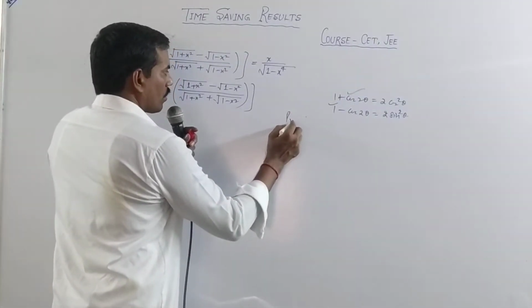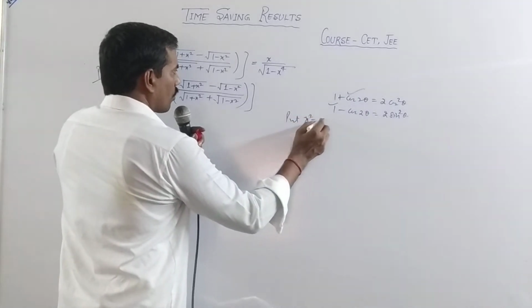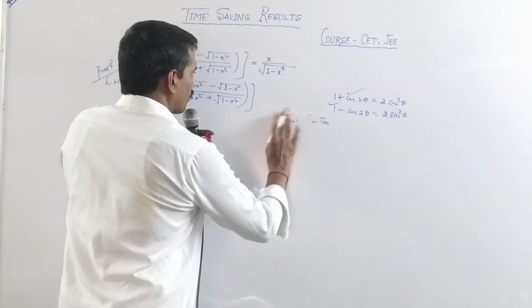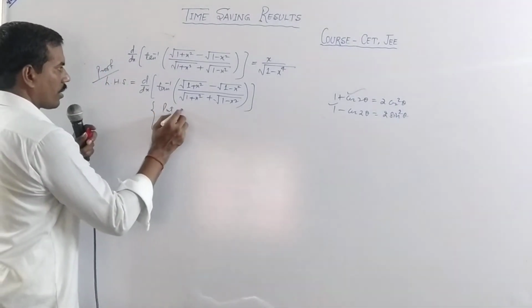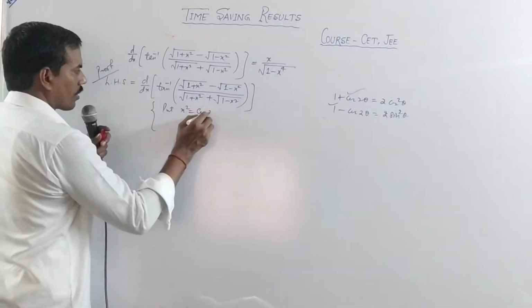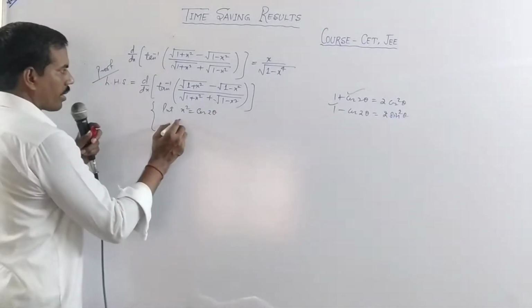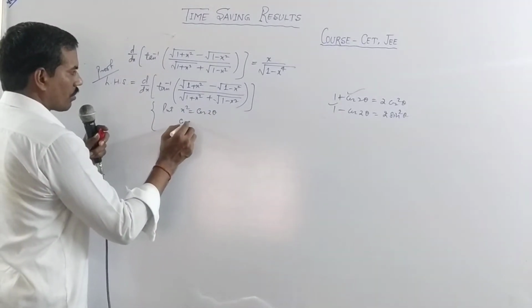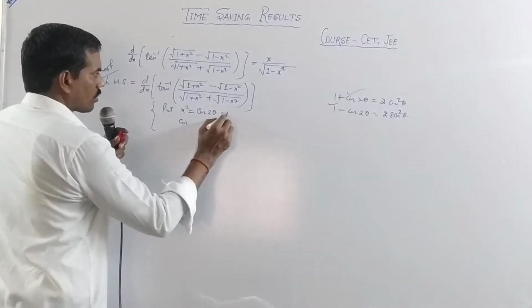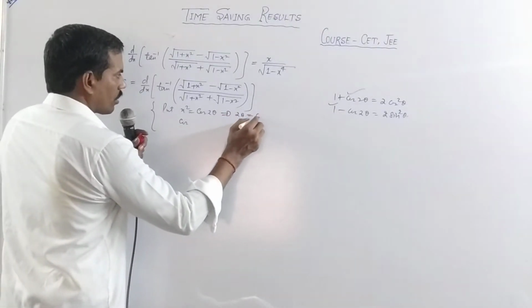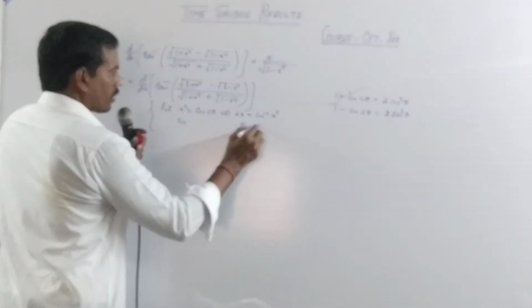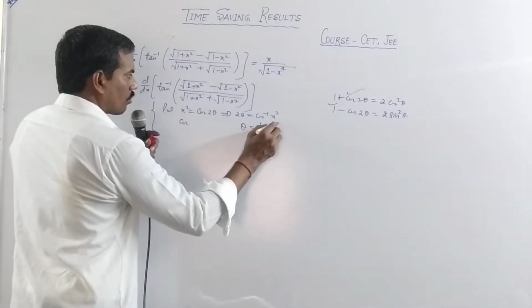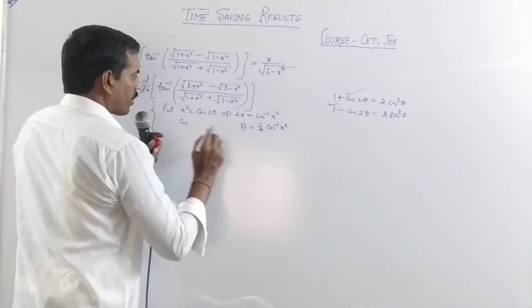Put x square is equal to cos of 2 theta, and this gives us 2 theta is equal to cos inverse of x square, and theta is equal to 1 upon 2 cos inverse of x square.